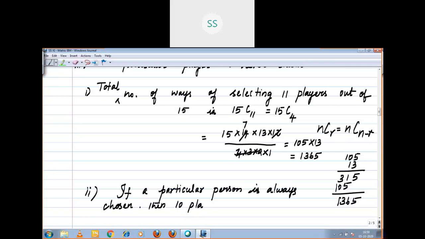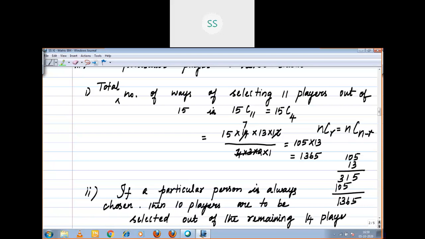Already one player selected. They reserved, right? Then 10 players are to be selected out of the remaining 14 players, because one is fixed. 15, one is fixed, so remaining 14. In that 14, we are going to select only 10.